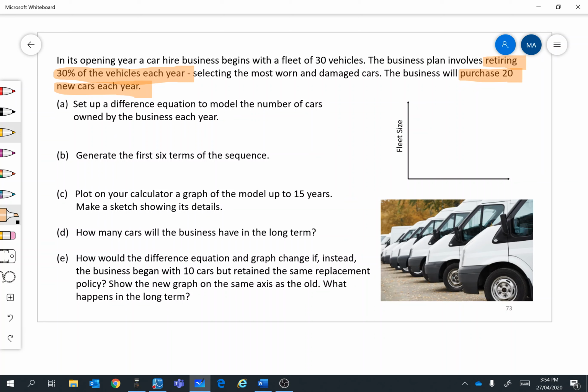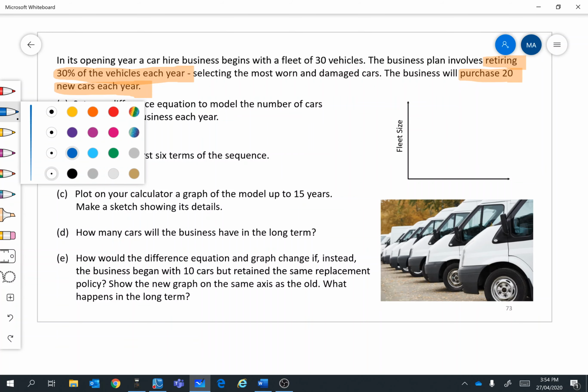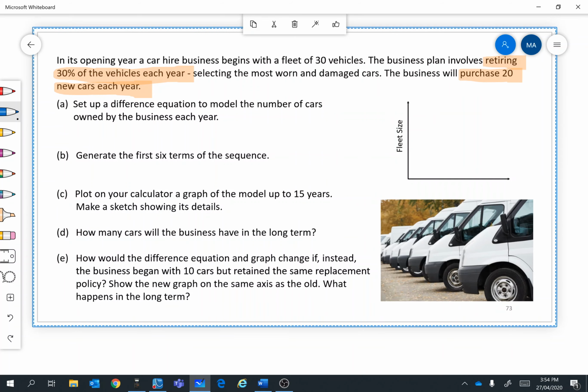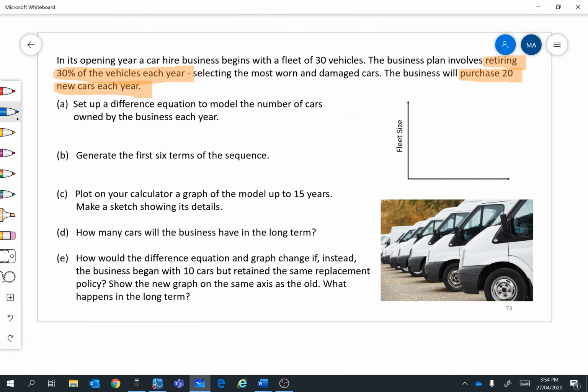Now let's look at this first bit with the 30% of vehicles being retired. If we've got a decrease of 30% each year, that means we need to subtract that percentage decrease from 100.